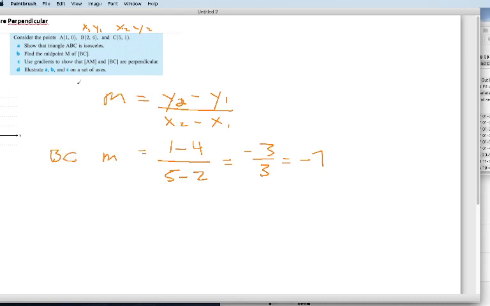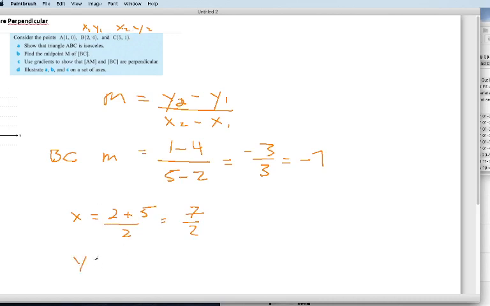Okay. Now if we want to find the midpoint of BC, we have the x midpoint, which is x1 plus x2 divided by 2. So 2 plus 5 divided by 2, which is 7 over 2. Midpoint of BC, 2 plus 5, good.